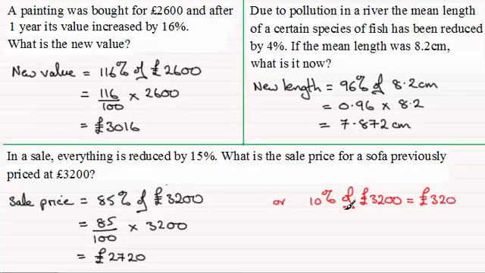That's 10%. We can halve this and get 5%. So 5% would be, let's just say, of £3,200, halving 320 is £160.